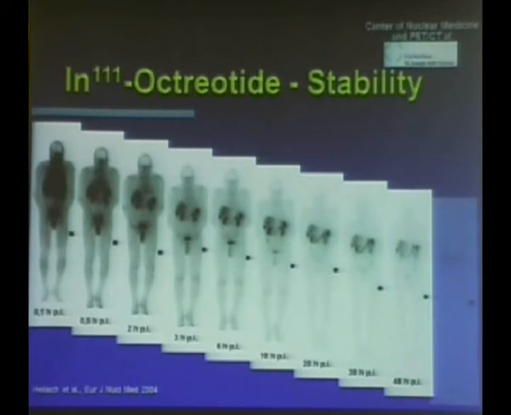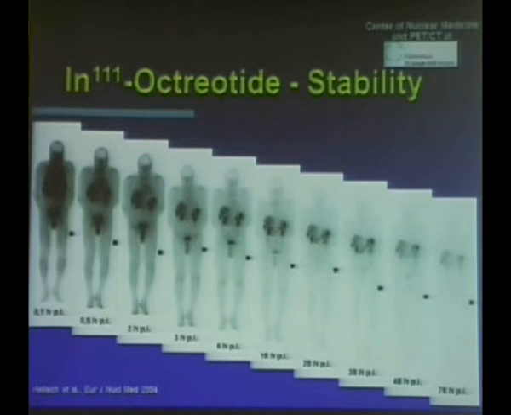And now some words about the octreotide or octreoscan. In 2004, it was published that this is a very common and very good substance, a radionuclide isotope and a radiopharmaceutical that is very stable in the patient. These are the whole body scans from after injection up to 76 hours after injection, and you can clearly define the octreotide positive metastasis in the liver of this patient from the beginning up to the end of this detection road.